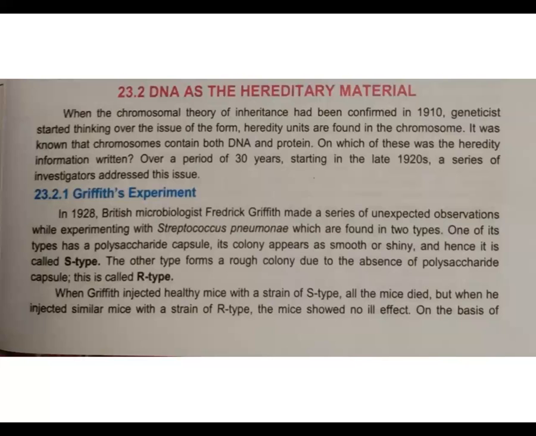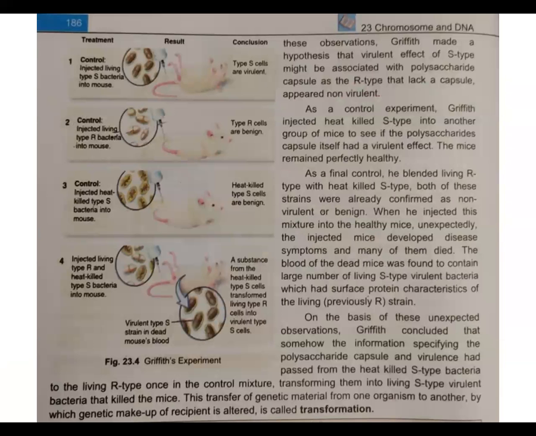In the first one, he injected healthy mice with a strain of S type, and expectedly, the mice died. But when he injected similar mice with the R type strain, the mice showed no ill effects. On the basis of these observations, it was clearly evident that the S type might be associated with the death, as it had the capsule.